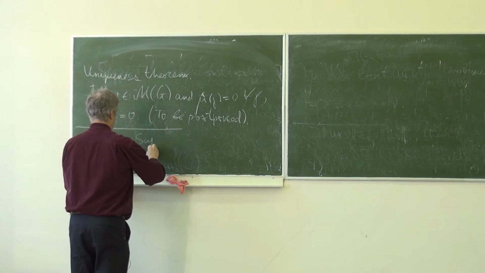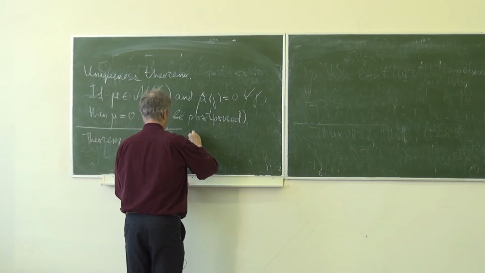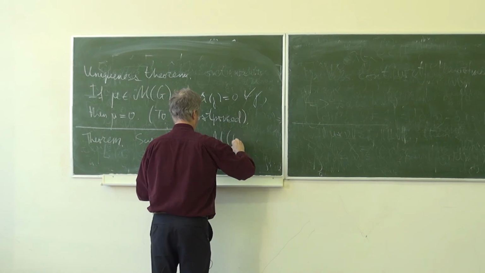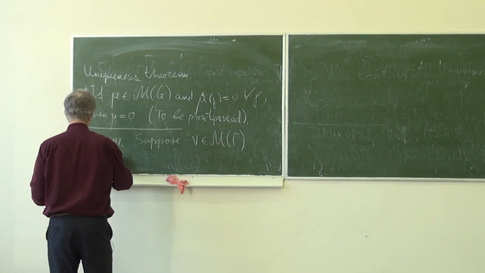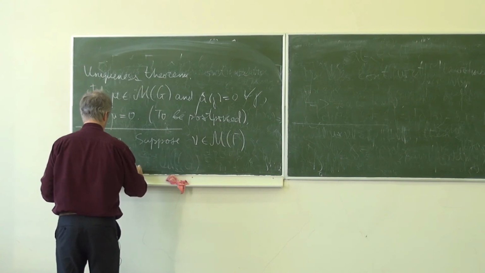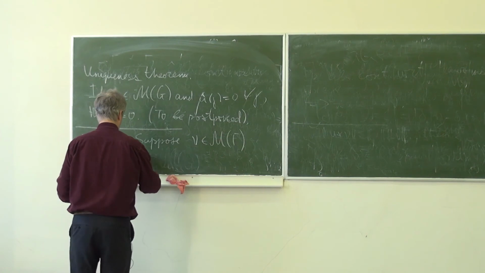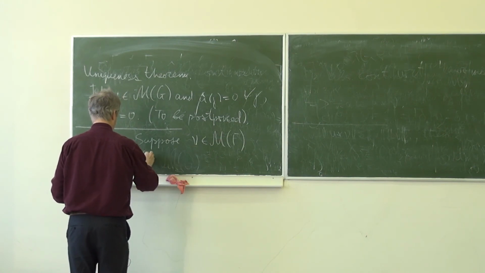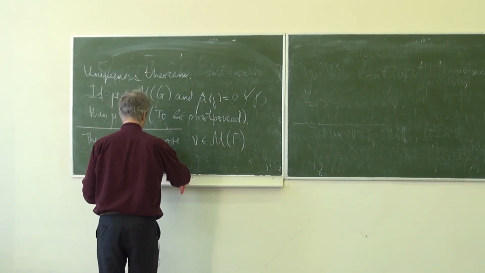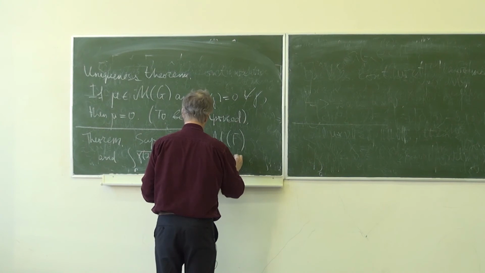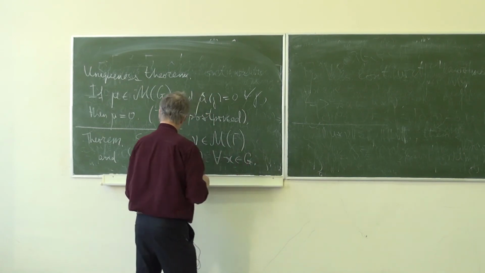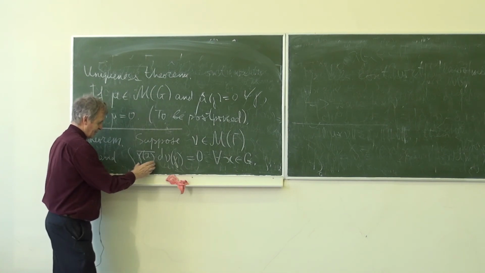So suppose mu is a regular Borel measure on gamma, and suppose that the following integral over gamma is 0 for every x in the group G. As you guess, all characters on gamma will be of this form.